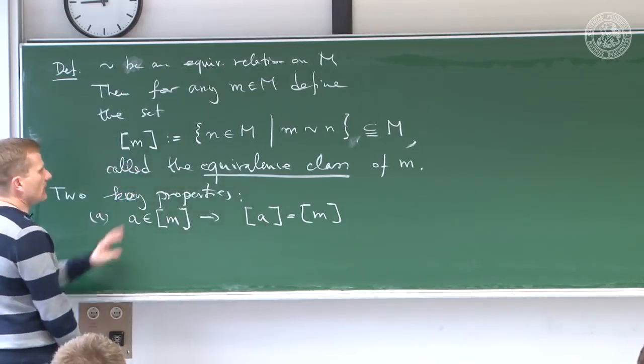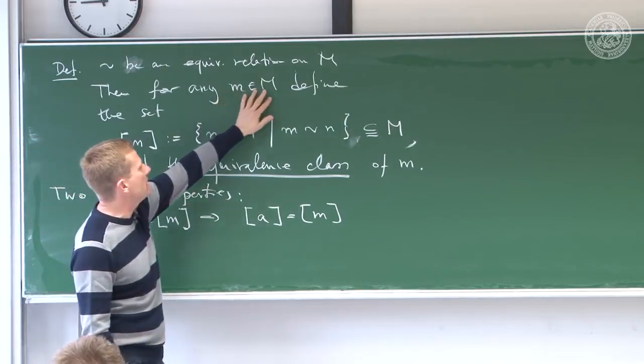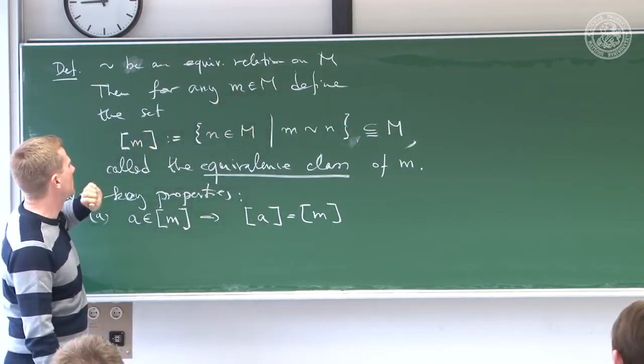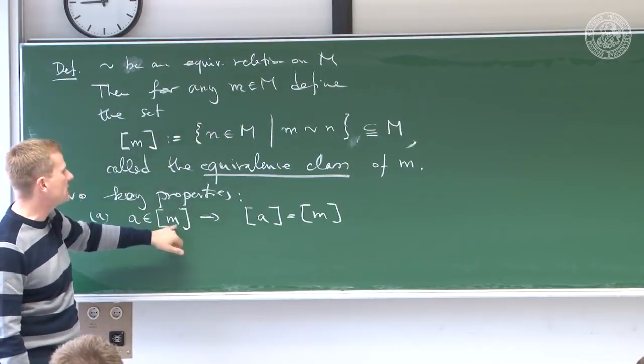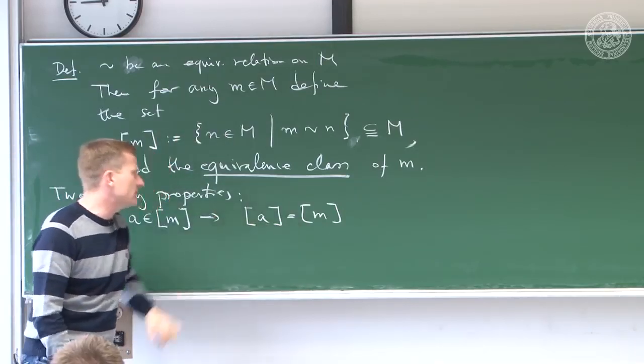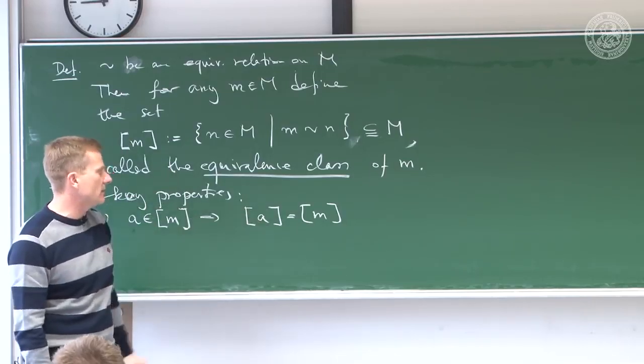So that's taking it the other way around. If you start with an element, you build this set. But if you already have this set, you can take an element out of it and you can generate the set in the same way from that element.